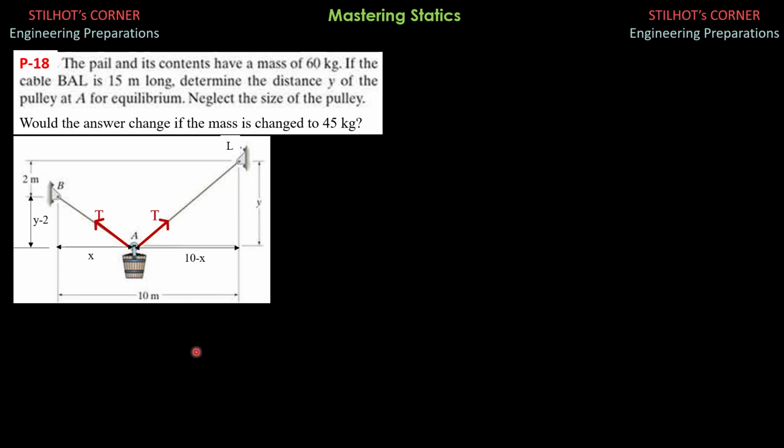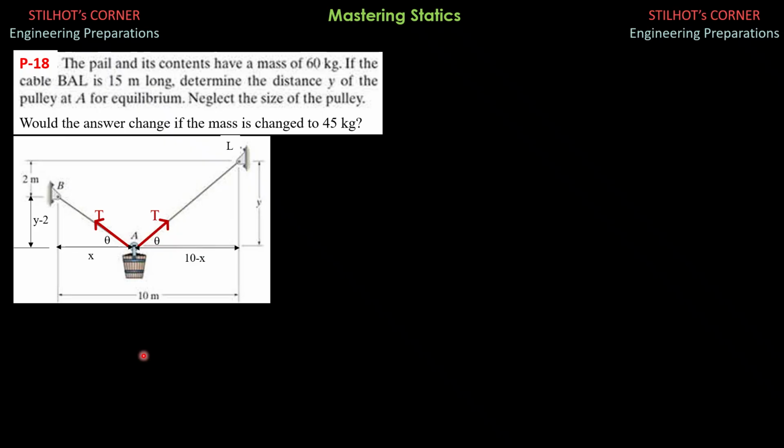Then the analysis is that since the tension on each side is equal, the horizontal component of tension on each side should also be equal. Summation forces x must also be 0 because the system is in equilibrium. And that happens when, because the tension on each side is the same, this angle is also equal to that angle theta as shown.